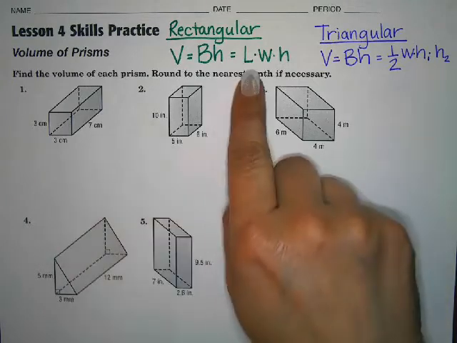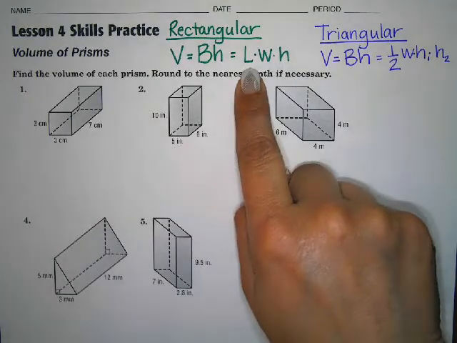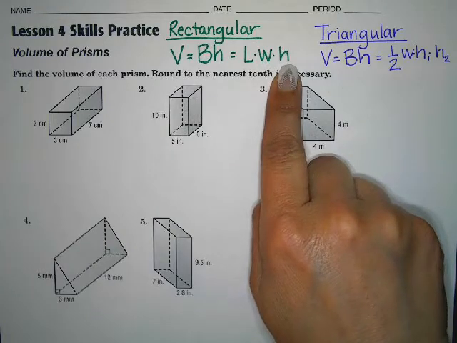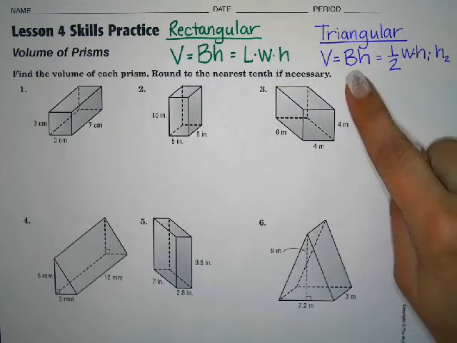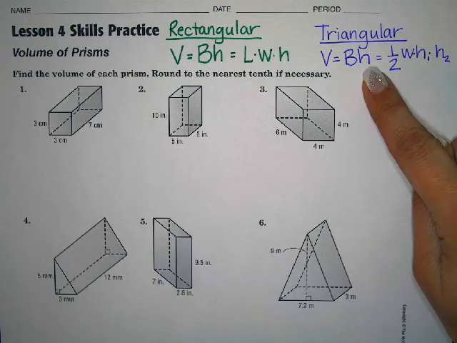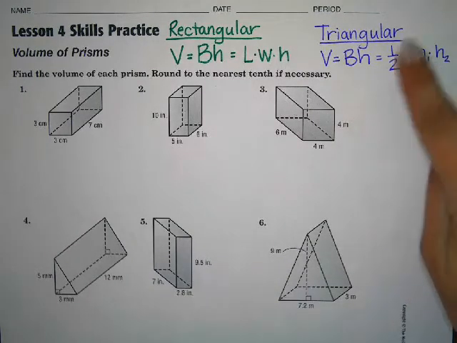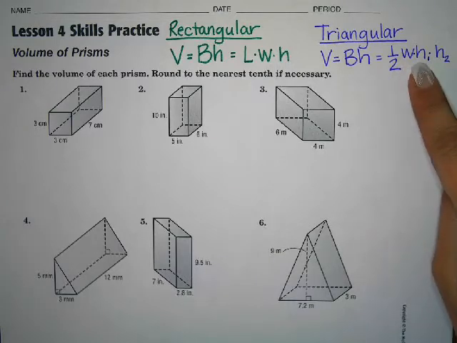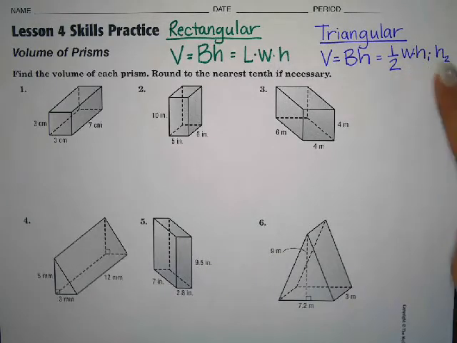So when we expand that out, we have length times width for whatever our base is times the height of the actual prism. For a triangle, again, it's still the area of the base, which is your triangle, times your height. But then when you break it down, our area of our base is going to be 1/2 times the width times the height of the triangle. And then we multiply that by the height of the actual prism.